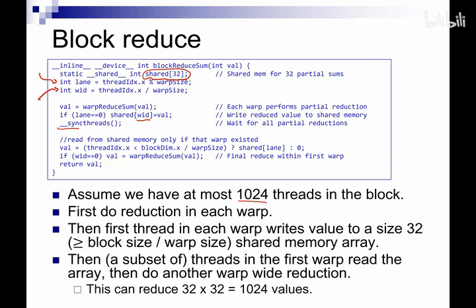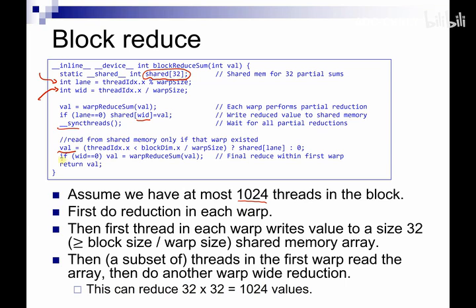So we need to copy from the shared memory to the registers, and we only need threads from the first warp to do this. If your thread ID is less than dimension divided by the warp size, then you're going to copy from your lane of the shared memory into your register. Otherwise you don't copy, and the value is going to be 0.